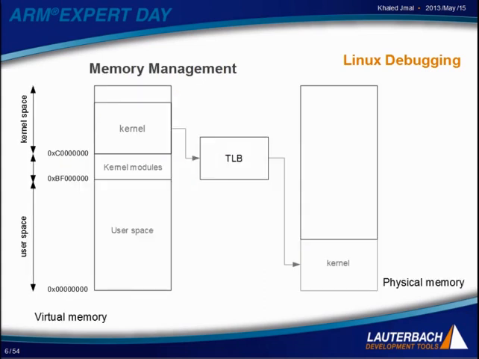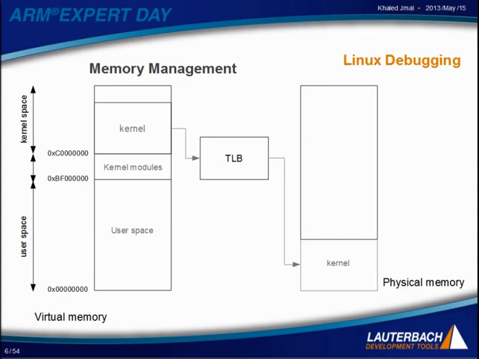So first, let's talk very shortly about memory management. I show here in a very simple way, we have on the left side the virtual memory, and on the right side the physical memory. You have your kernel, which is running, for example, virtually starting from C and 7 zeros, and has a certain range, and it is then mapped to a physical range, for example, here starting from 0.